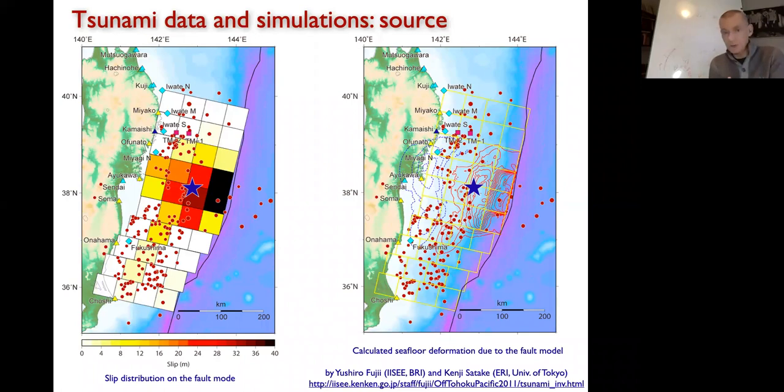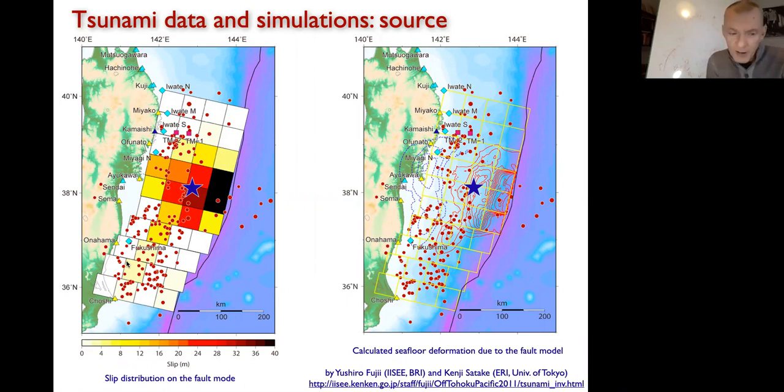Why? Very long period. The part of the rupture that was more efficient in generating tsunami waves is actually the first part here. You see the high frequencies released by the rupture to the north and to the south were not very efficient in generating tsunami. Why? Because it's a very long period signal.